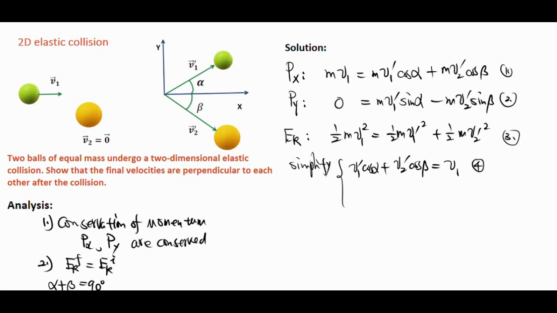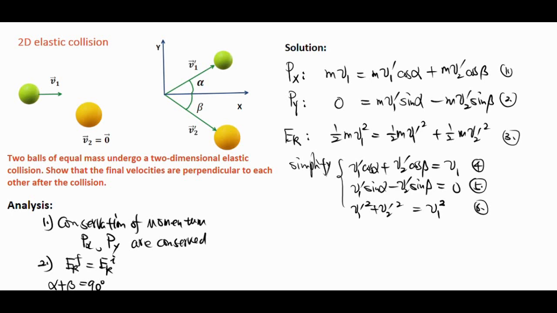The second one can be written as v1 prime sin alpha minus v2 prime sin beta equal to 0. Let's call it equation 5. Last one, cancel one half and m, so we get v1 prime square plus v2 prime square equal to v1 square. So this is equation 6.